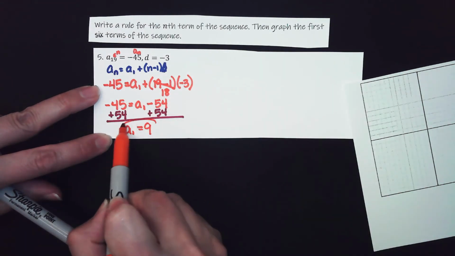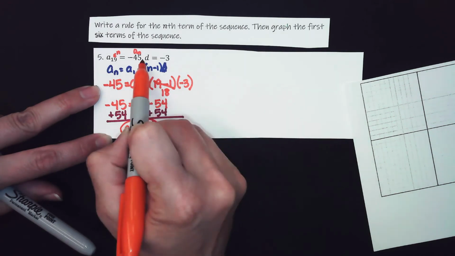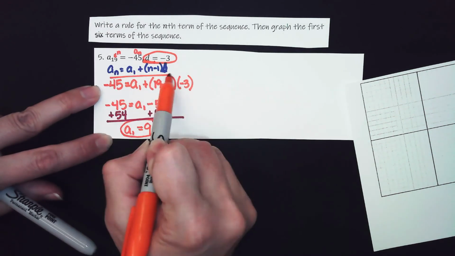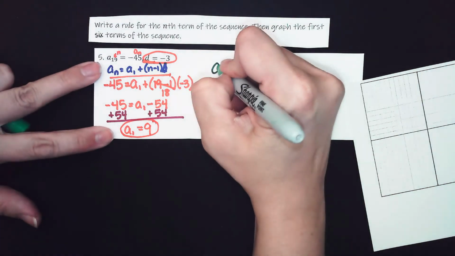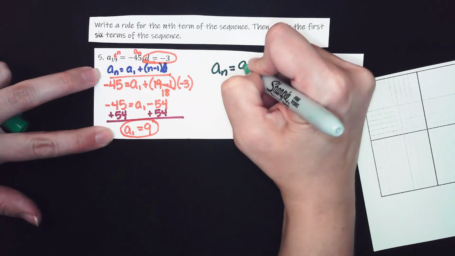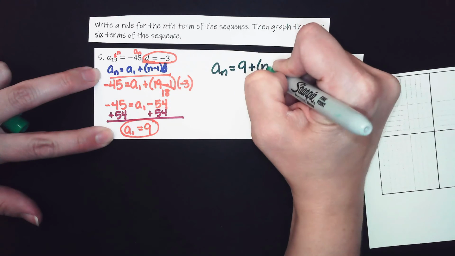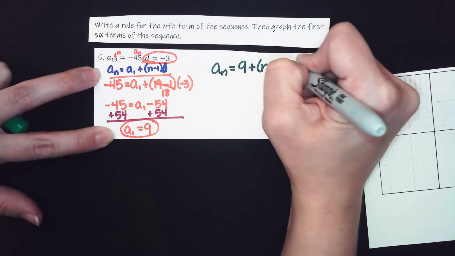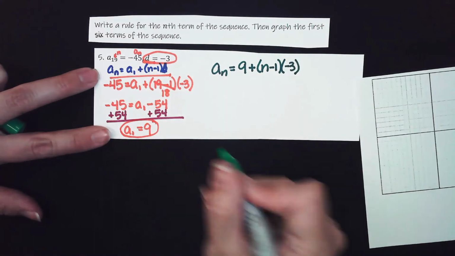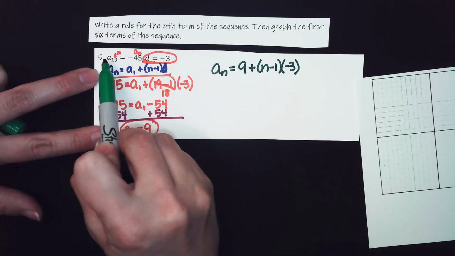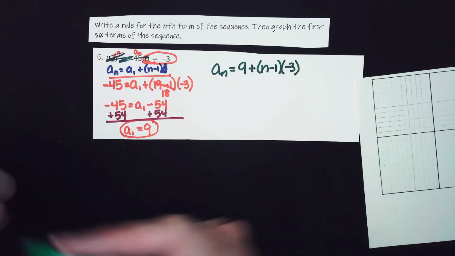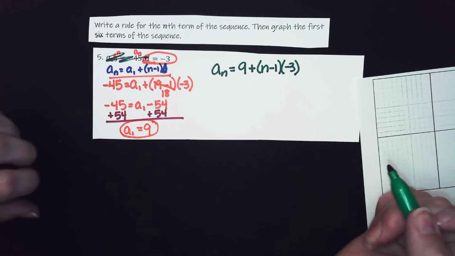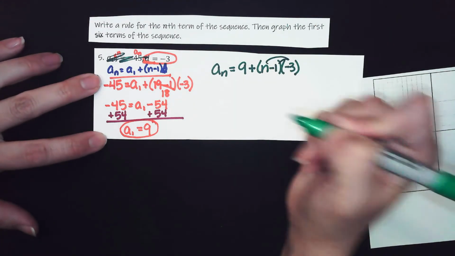So here's my first term, here's the D, and I can now plug it into my rule. AN is going to equal 9 plus N minus 1 times -3. I now ignore this whole part right there. I only used that to help me find A1.